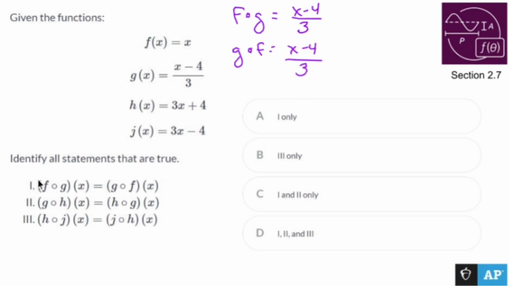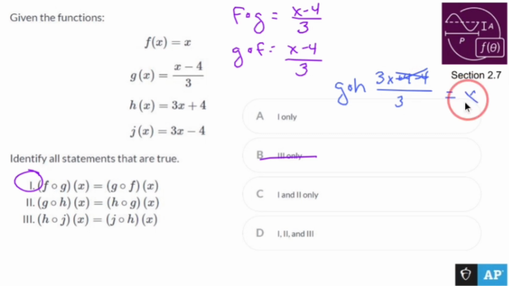Oh, how nice. So not you. Statement 2 says g of h. So let's find out what g of h is. G of h means I start out with g and replace the x with an h. So instead of x minus 4, it's 3x plus 4 minus 4 over 3. These cancel out. 3x over 3 is just going to be x. So that's g of h.